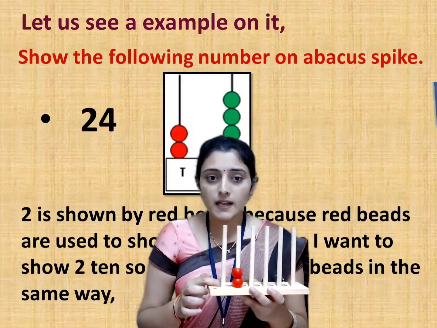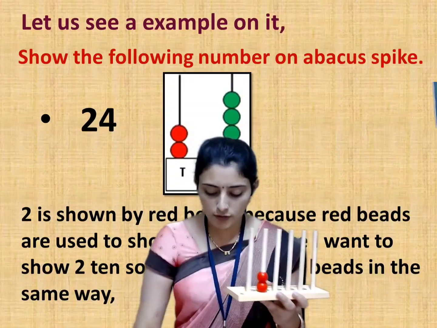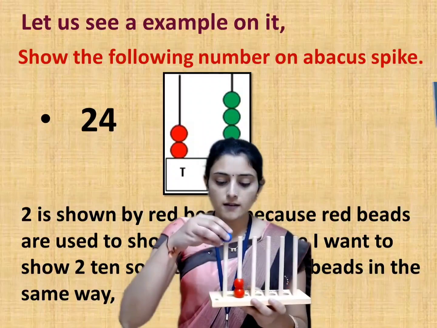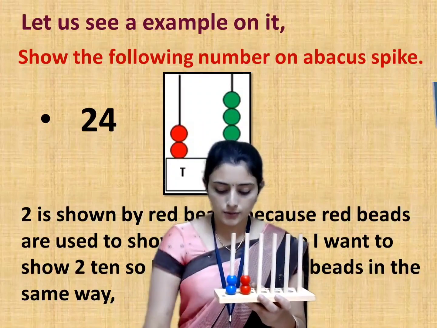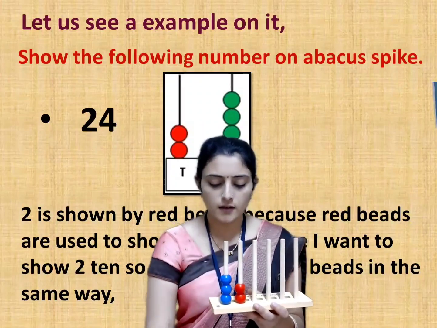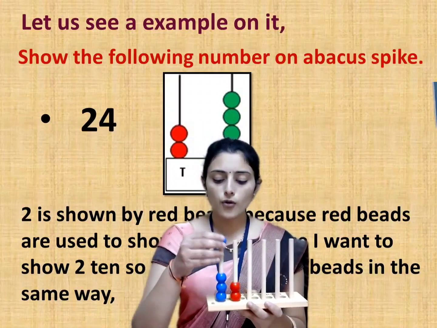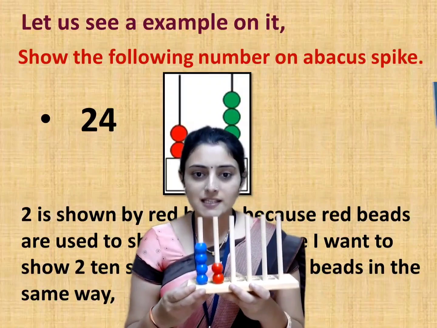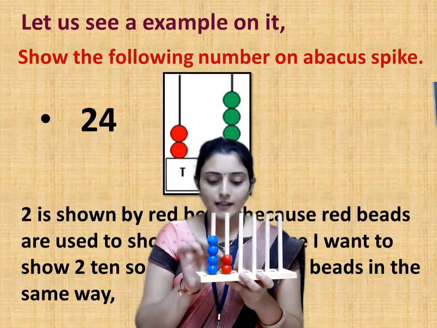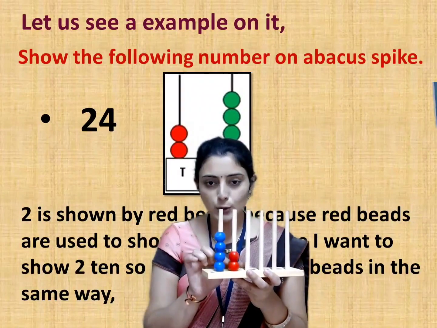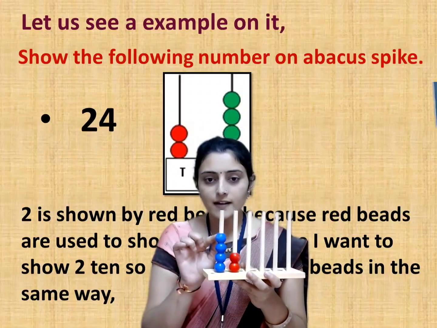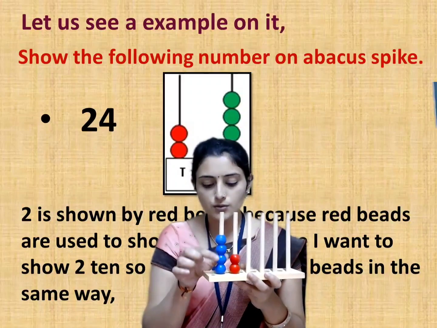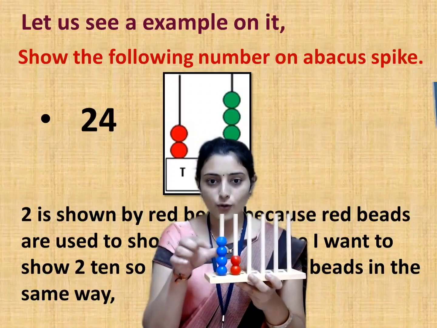And on the ones place, the number is 4, so we will take 4 blue beads: 1, 2, 3 and 4. So we have completed the abacus counting. 20 means 10 and 10, and then 21, 22, 23 and 24.